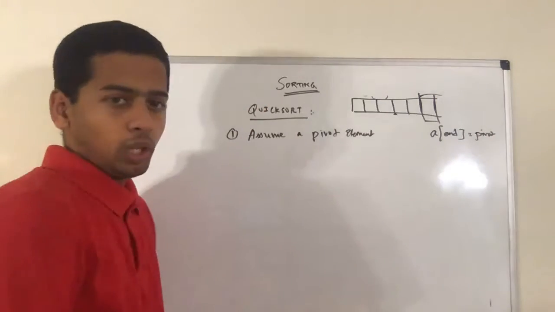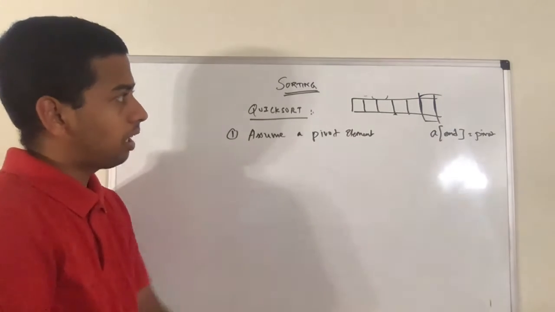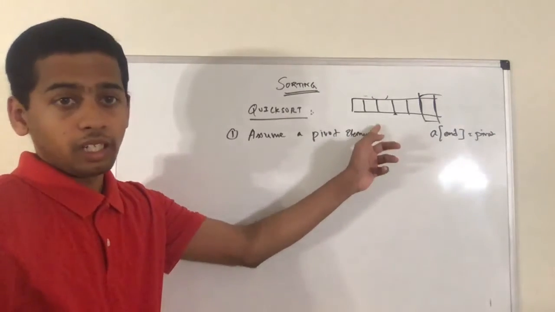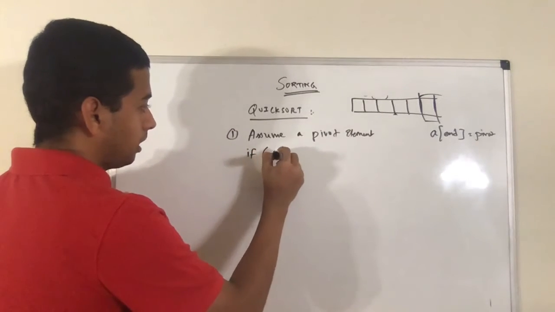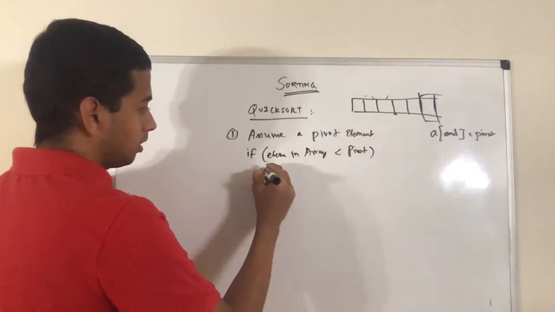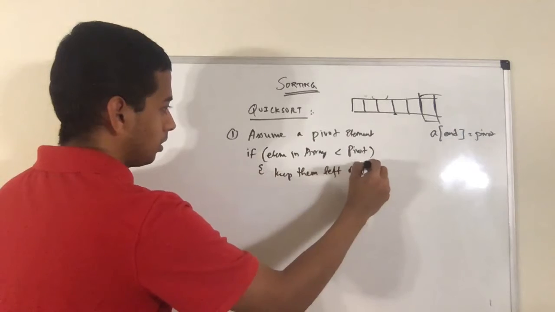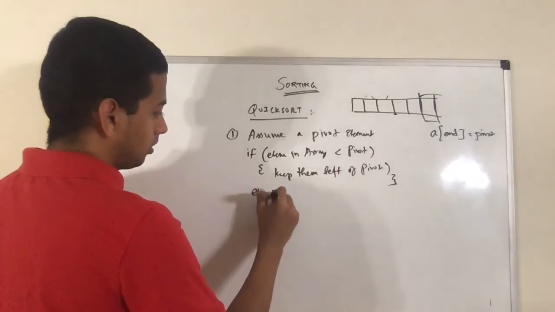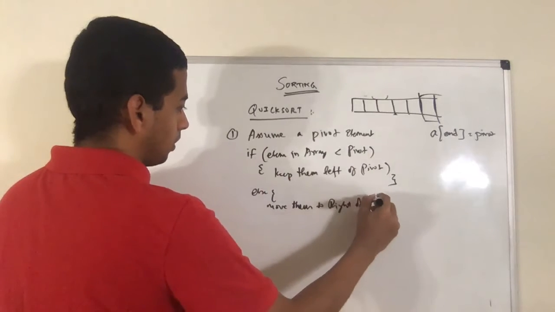So what will I do after doing this? After finding this pivot, I'm going to rearrange this array using a logic: if elements in the array are less than the pivot, keep them left of the pivot, else move them to the right of the pivot.